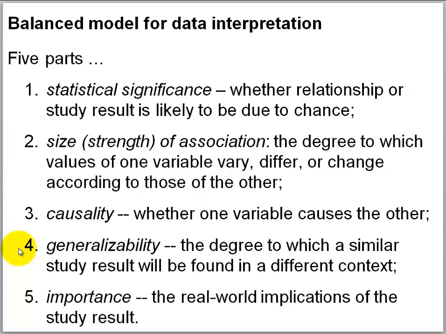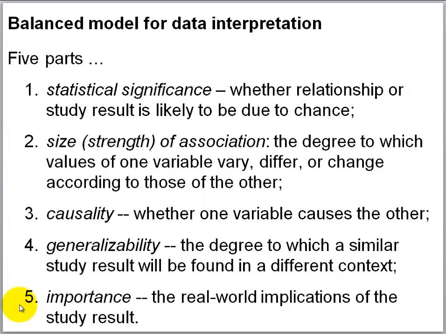And there, the logic of similarity in conjunction with replication is how we make cautious statements about generalizability. Finally, we've had a couple of examples demonstrating that importance is distinct from statistical significance.